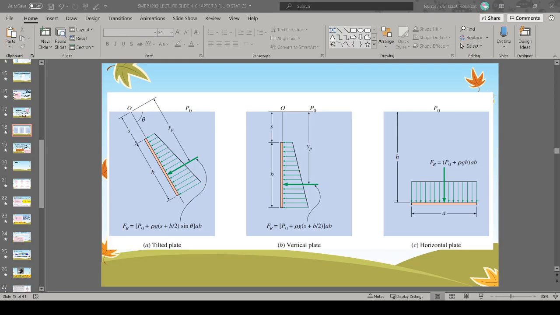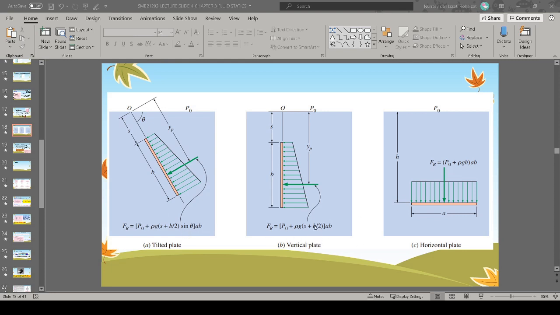So at this point, we already learned how to calculate the magnitude of hydrostatic forces for a tilted plate, vertical plate, and horizontal plate. We can use this formula which I've shown you before. And now we know that hydrostatic force is a force, alright? So when it's a force, it has both magnitude and direction. It's a vector. Magnitude we can calculate using this formula.